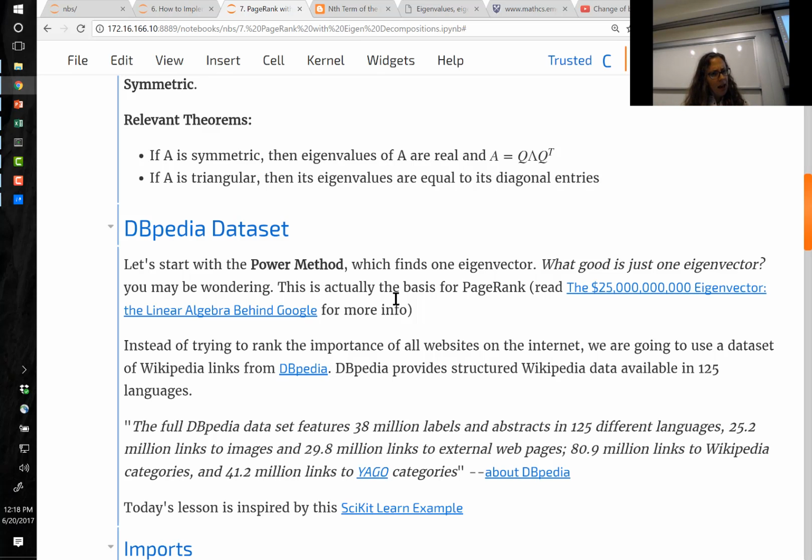And then if A is triangular, its eigenvalues are equal to its diagonal entries. This is a little bit of a spoiler, but if you were interested in the eigenvalues of a matrix, it would probably be nice to have it in triangular form, because then you can just get them from the diagonal.